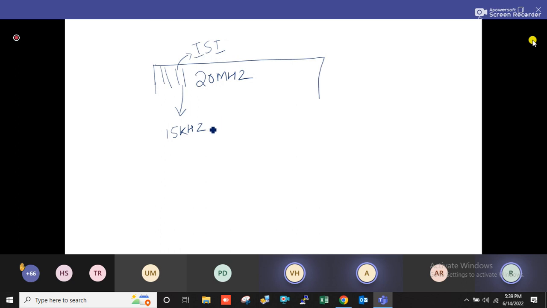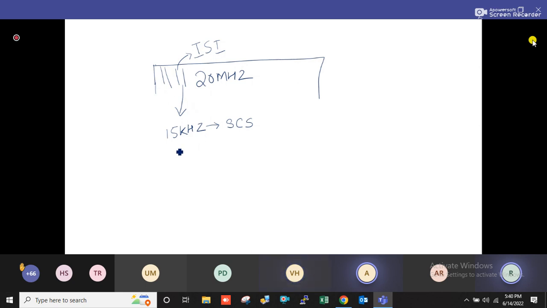Now the 15 kilohertz we have allocated in LTE is the smallest frequency. We call it sub-carrier spacing. So even though it looks like 20 megahertz, this 20 megahertz is cut down into 15 kilohertz as the smallest frequency.